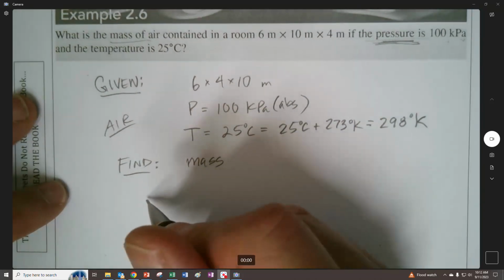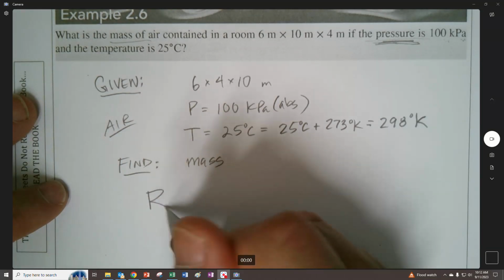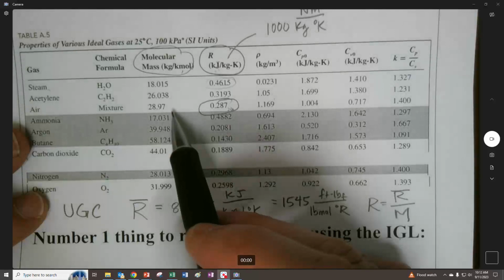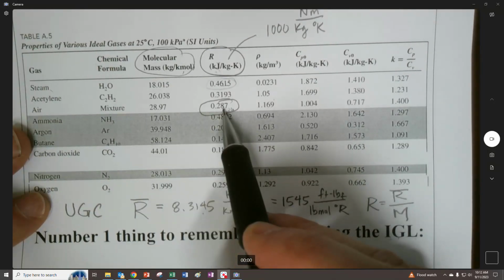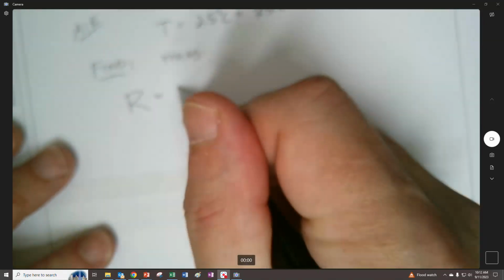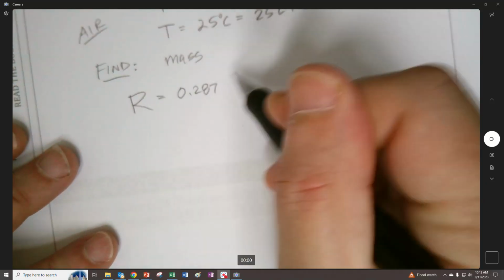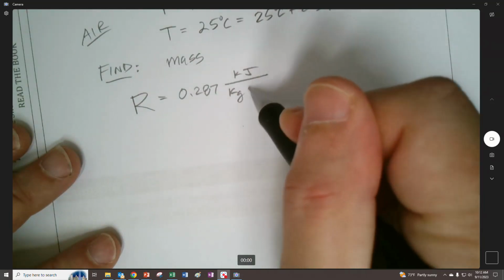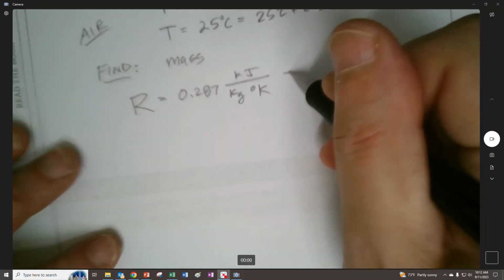So here you go. First we'll look up R, and we could do it either way, either with the moles, with this value, and then the molecular mass, or we could just go 0.287. These are kilojoules per kilogram degree Kelvin. Did I get that right?